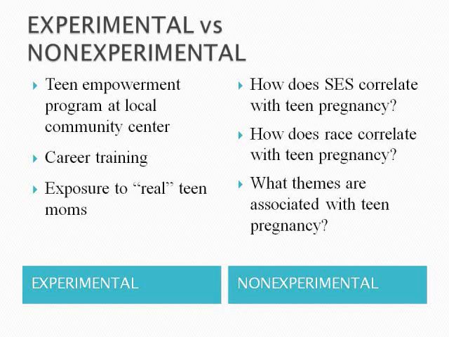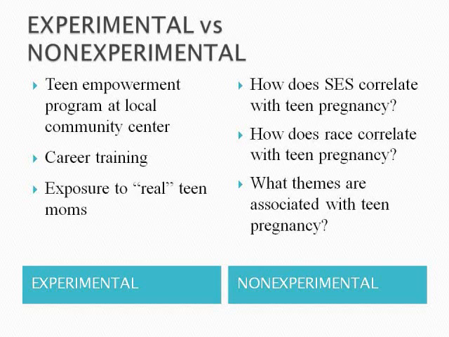The next question is, do we want to do an experiment, or do we want to use a non-experimental design? For an experimental design, we could design a teen empowerment program that takes place at a local community center. Now my question is, are you going to have a random selection of the population if this is what you're going to do? No, you're probably going to include anybody who wants to participate. Are participants going to be randomly assigned to the experimental versus the control group?